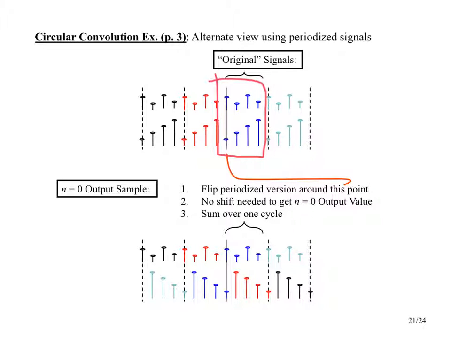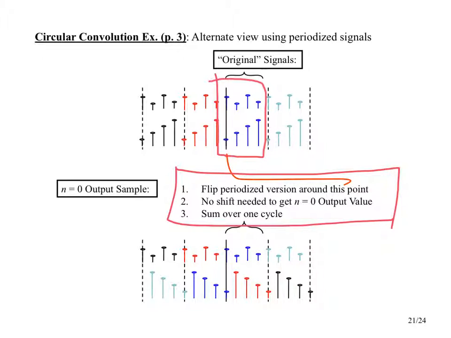Even though it makes a little noise, it sure is fun. Okay, so there are the 2 chunks that we want to do a circular convolution for, and here are the rules for doing circular convolution my way, using the periodized view of it. So the first thing you do is periodize your original signal. They both have to be the same length.